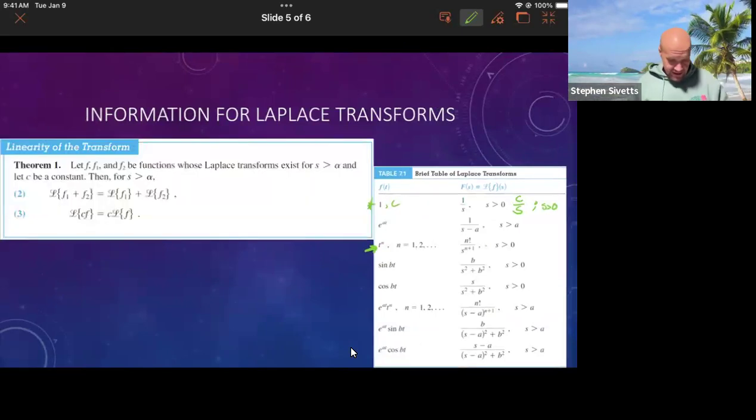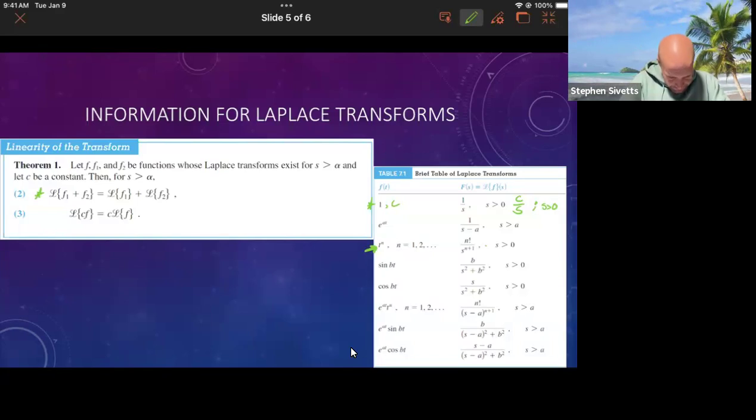The other fact is that the Laplace transform is a linear transformation. So if f1 and f2 are functions whose Laplace transforms exist, for any value s greater than alpha, then this property for sums of Laplace transforms is valid.